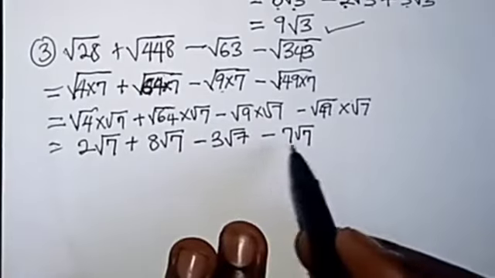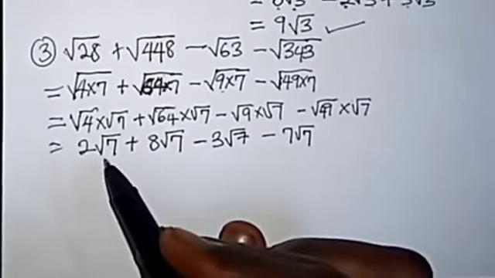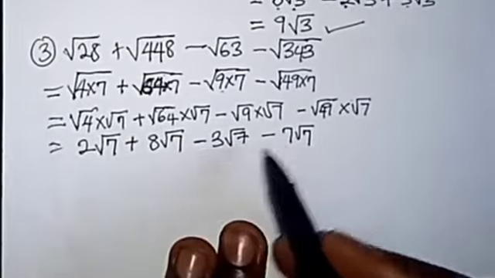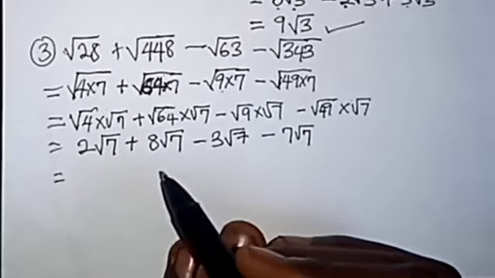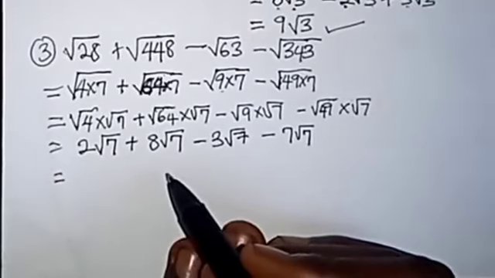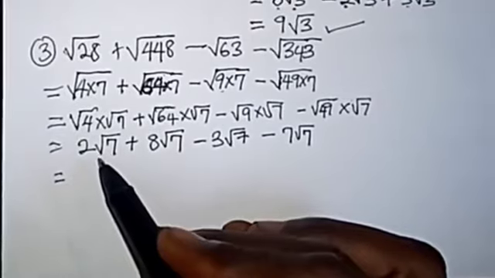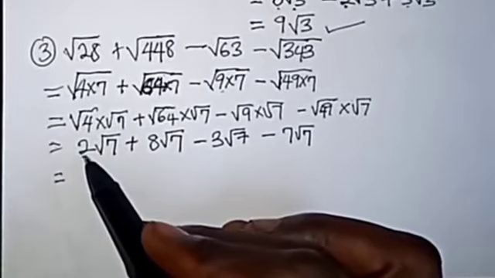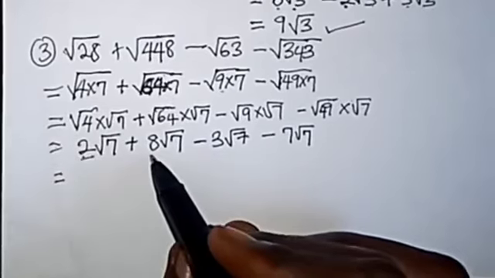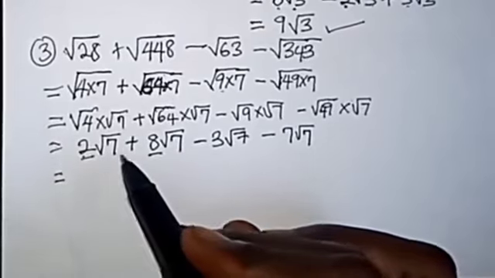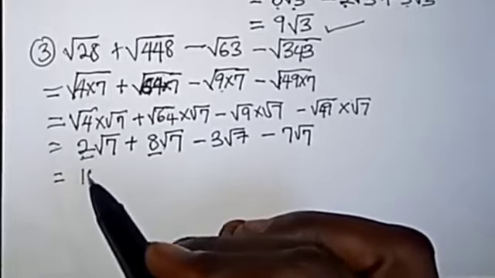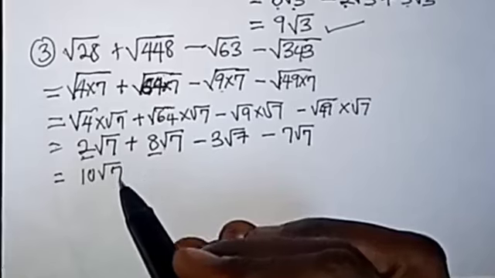Now something is common to all these, which is root 7. All of them have what? Root 7. So we can simply sum and subtract the numbers outside the root. So 2 plus 8 will give us 10. So this plus this I will have 10 root 7.